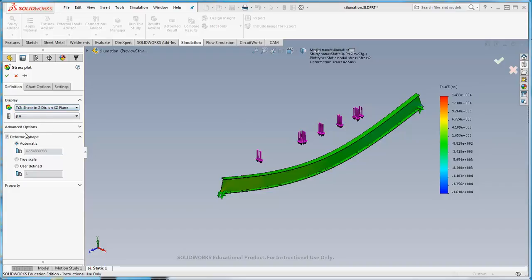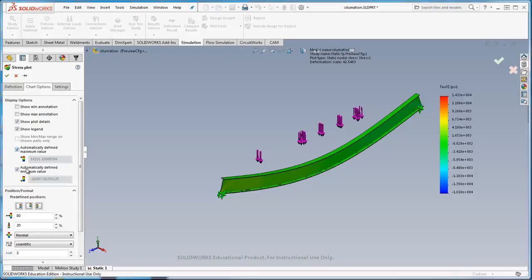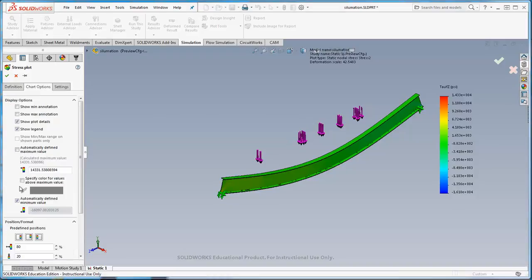And so I want to come in here under chart options, and instead of automatically defining the maximum and minimum values, I want to change these values closer to what I'm expecting on my model. So 2565, I want to make this 3000, and I want to make the lower limit minus 3000, and then see what the results look like.